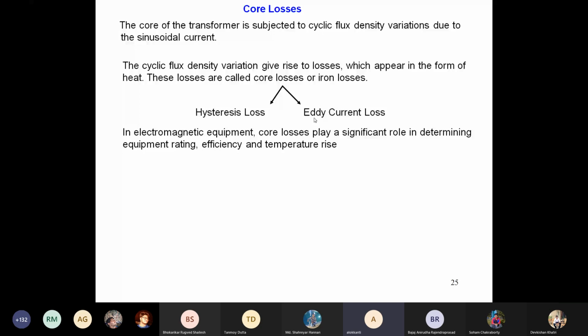This loss is power that you are not going to enjoy; it is lost to the atmosphere. So this loss will determine the efficiency of the equipment, because nothing can be derived out of this loss. It is released to the atmosphere.